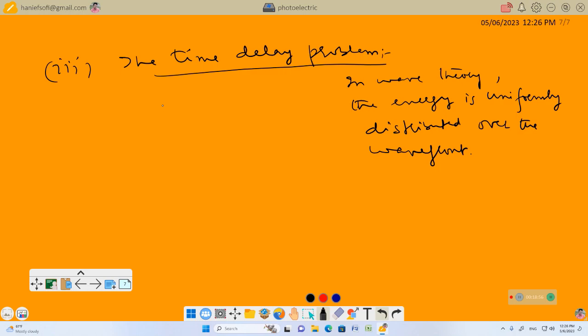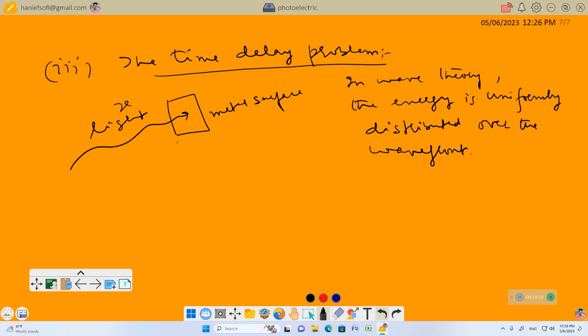So when this is a metal surface, when light shines on it, light of some frequency shines on the metal surface, what will happen? Wavefront will strike the metal surface.